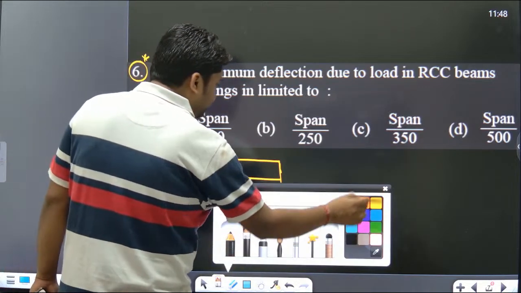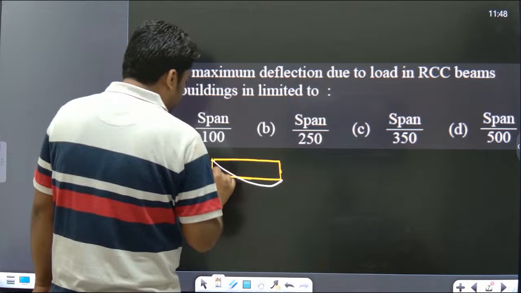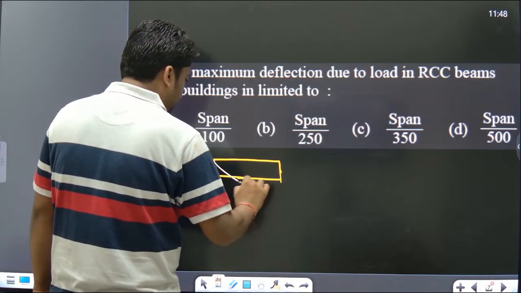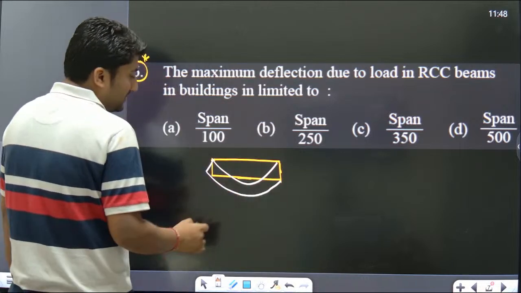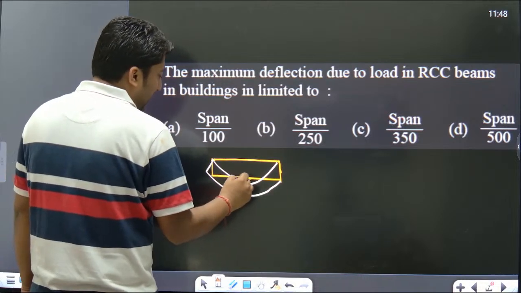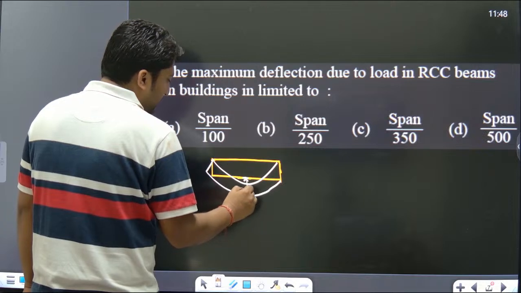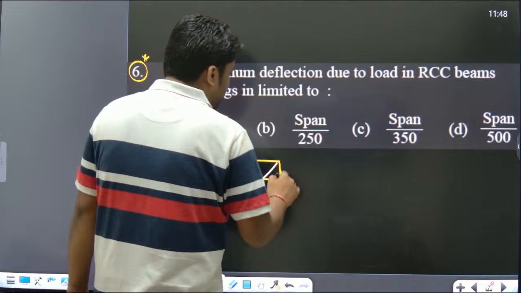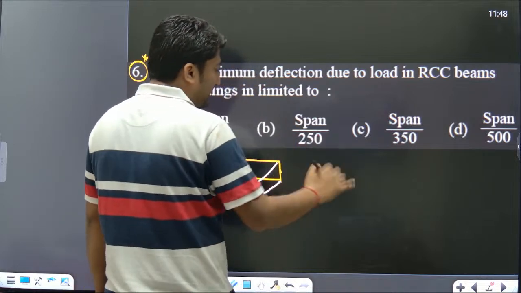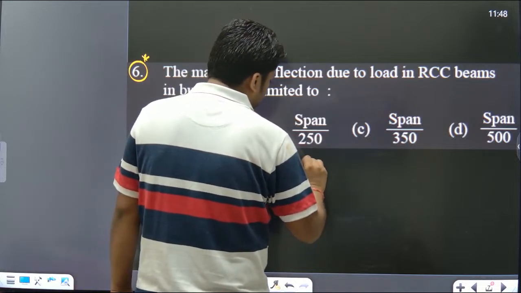Let us suppose the beam has deflected like this. So what is the maximum permissible deflection? You can see from the cast level, this has moved to this level. Understood everyone? So if you have considered the effect of load, creep, temperature, the maximum permissible deflection is span by 250.